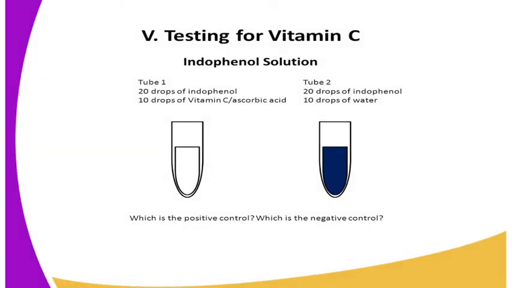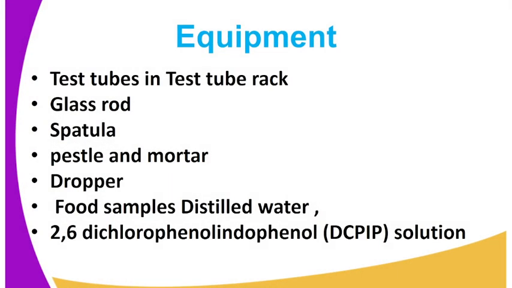You can see on our first test tube, it's colorless, and on the second test tube, it's blue. So that means the first test tube has vitamin C and the second test tube lacks vitamin C, because we've said that in presence of vitamin C, the DCPIP is discolored. So this is our results and conclusion.